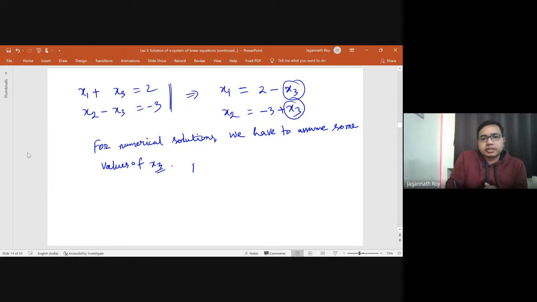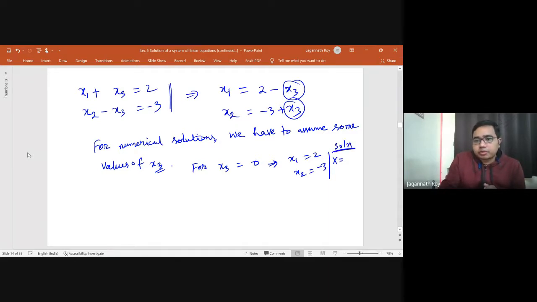So for x3 equals 0, we have x1 equals 2 and x2 equals minus 3. In that case, the solution of the system will be 2, minus 3 and 0.